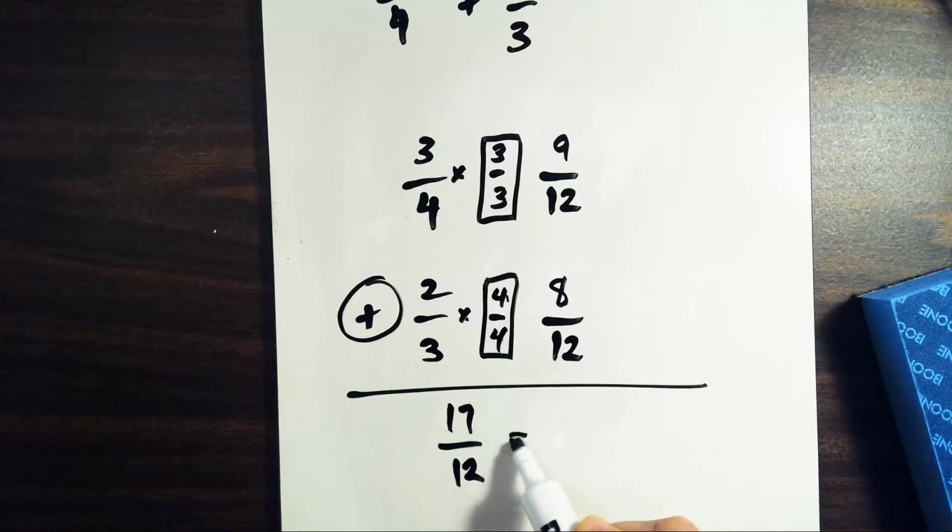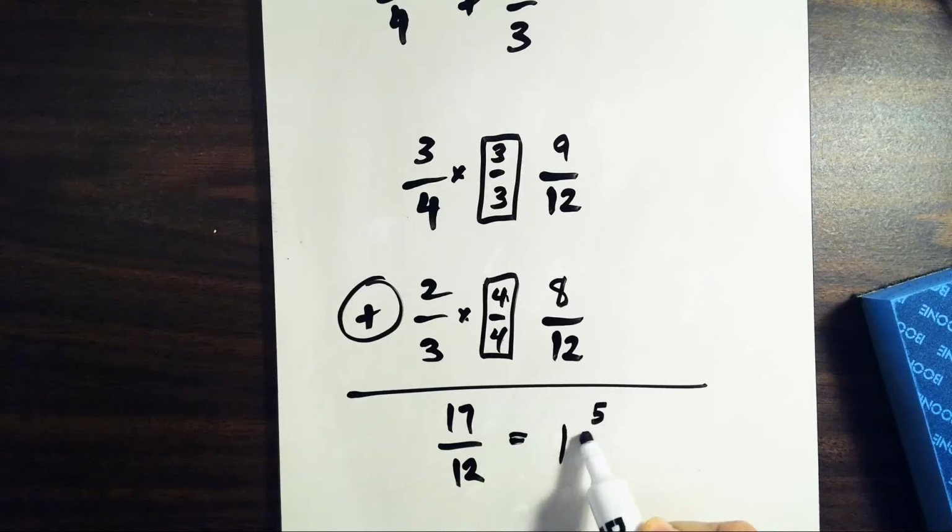And the answer to that would be 1 whole and 5 leftovers, so 1 whole and 5 twelfths. And 5 twelfths is already in simplest form because 5 is a prime number that does not go into 12. So these are some examples of how we add fractions.